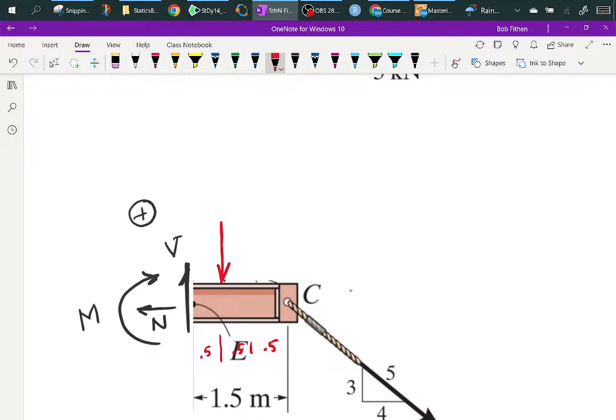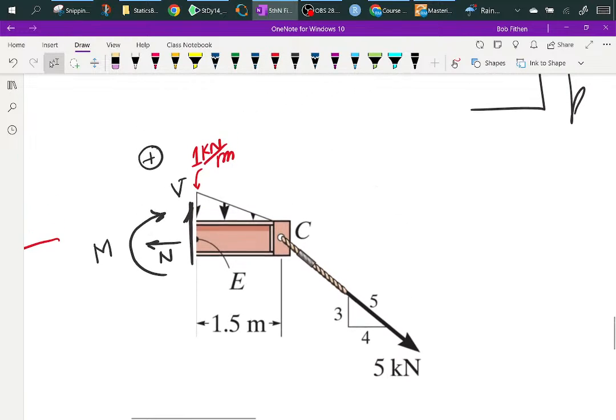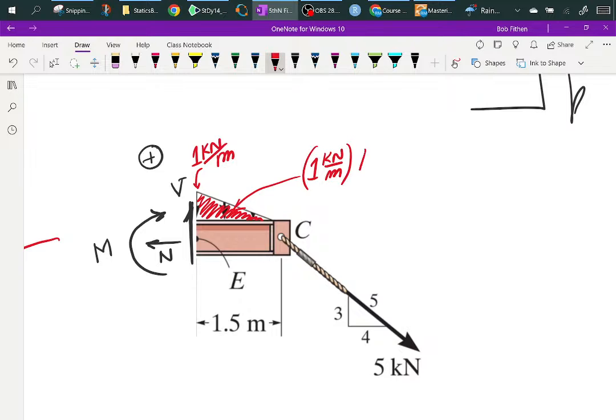So there's 3 divisions, and so it's a third from the heavy end, and the actual value of that force is the area of that diagram, which the area becomes 1 kilonewton per running meter times 1.5 running meters, which is the distance here, and then you've lost this area here, so you got a half of that.